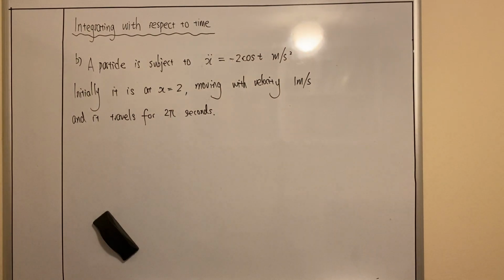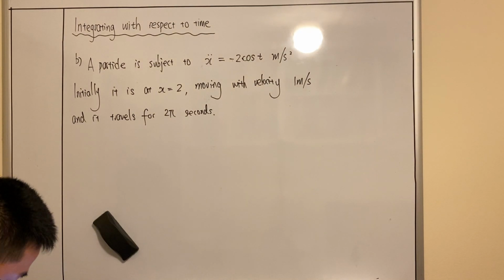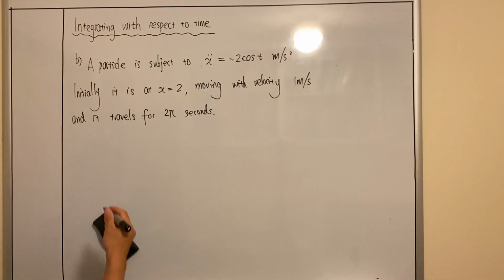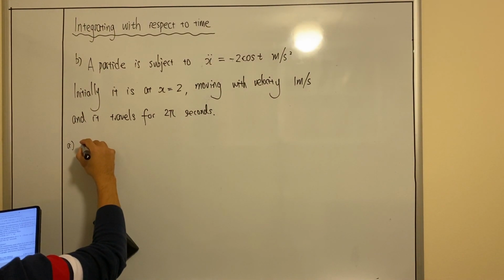We've got a particle. It's subject to the acceleration function, a equals minus 2 cosine t. Initially, it is at x equals 2, moving with velocity 1 meter per second, and it travels for 2 pi seconds. The first question asks you to find the functions v and x.